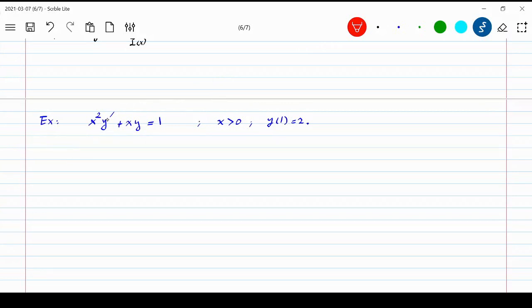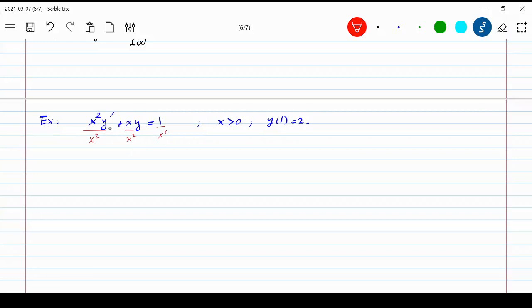So in this case, you notice that it's not written in the form of y' plus p(x) y equal to q(x). So what I'm going to do is first write it in that format, which means I need to divide everything by the coefficient of y' to get rid of the x squared. So I'll divide by x squared, by x squared, by x squared.